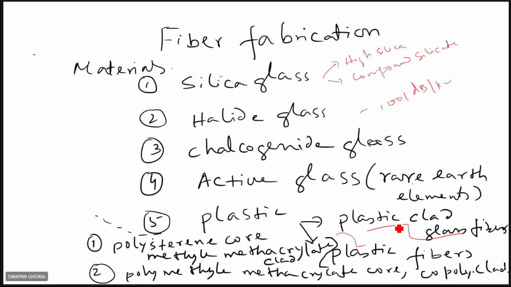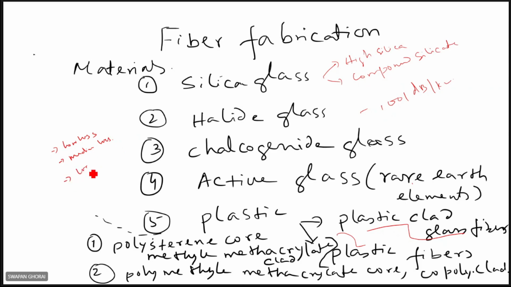So there are many plastic fiber advantages. Fibers can be of three types. Low loss fibers are used for communications. Medium loss fibers can also be used for communication, but only for short distances.